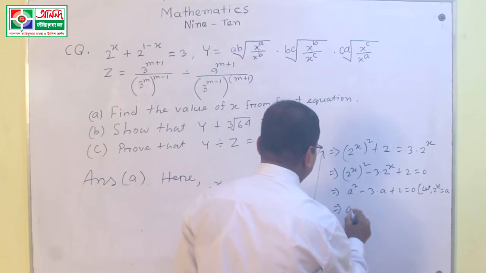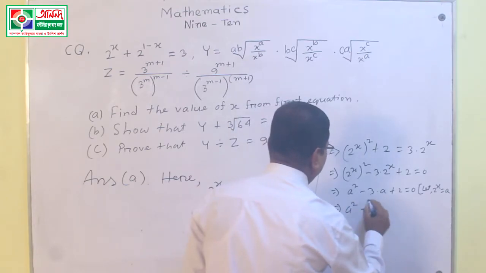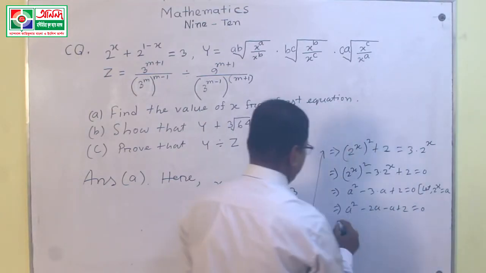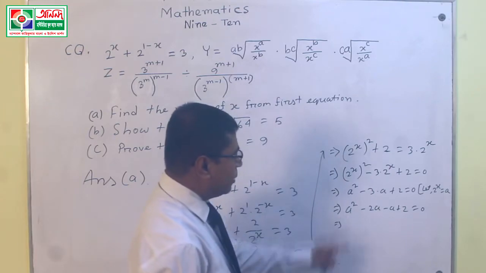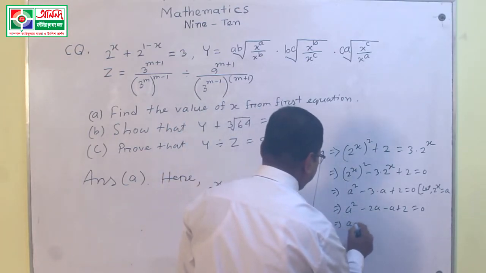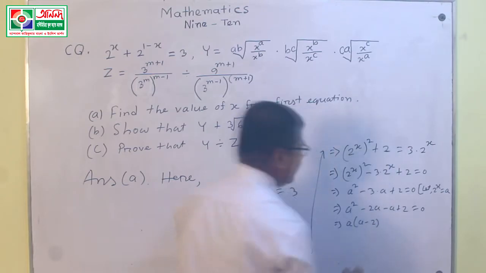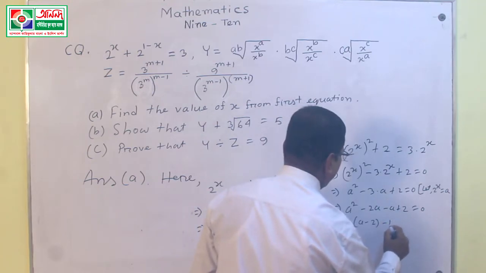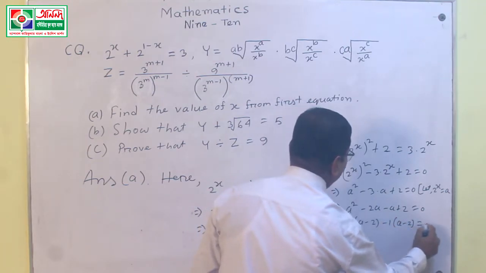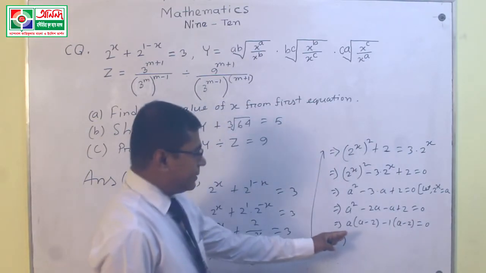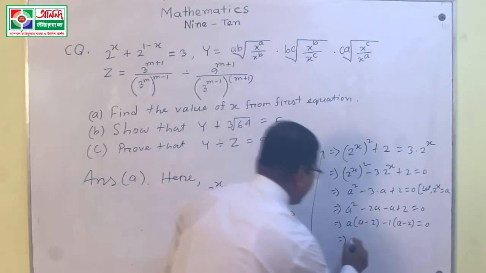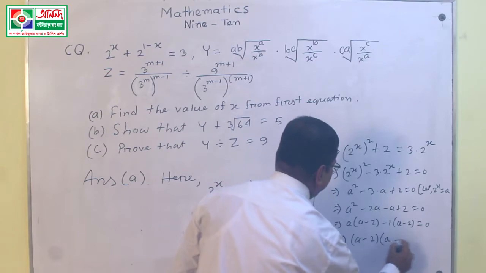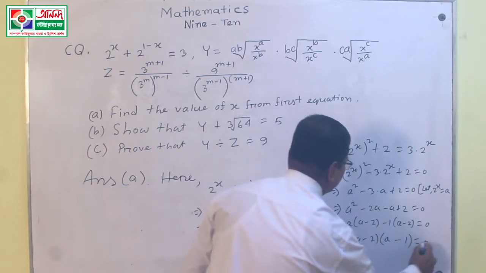Here look at a square minus 2a minus a plus 2 equal 0, and then we can take common a from the first two terms, so you can write a into a minus 2, and you can take common minus 1 from the last two terms, so you can write minus 1 into a minus 2 equal 0, and here we can take common a minus 2, so you can write a minus 2, and here you can write a minus 1 equal 0.